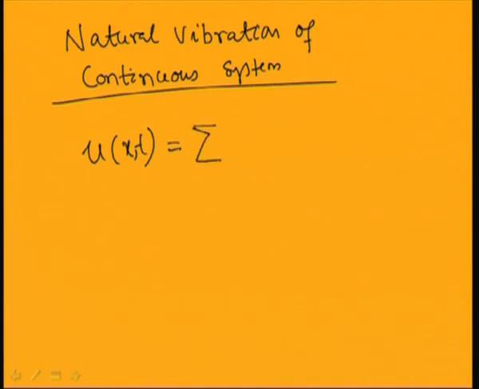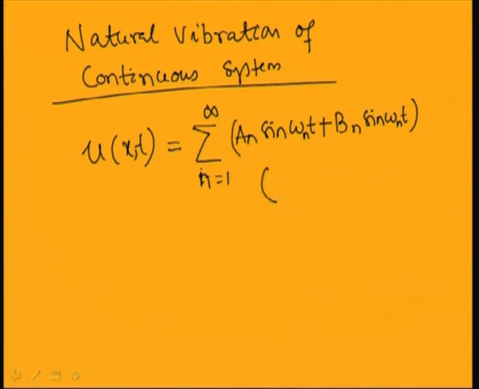You can write it in this form, n equal to 1 to infinity, a n cos omega n t plus b n sin omega n t, into, so this is the time modulation, and you can use the mode shape in this form.